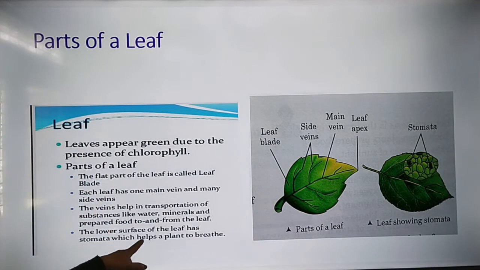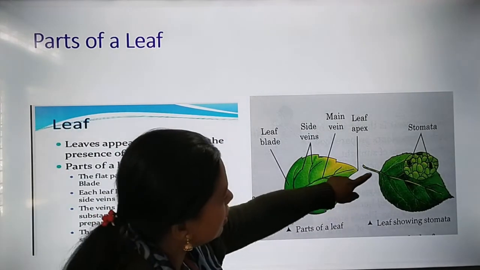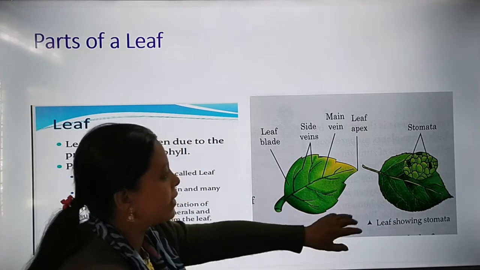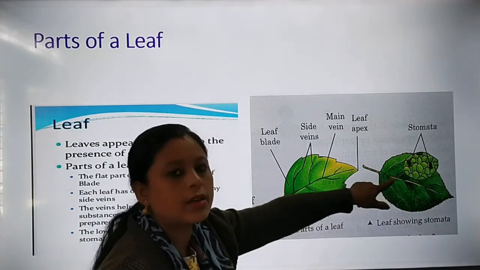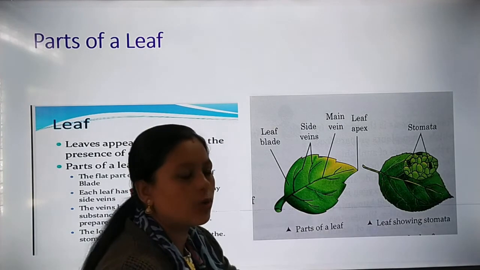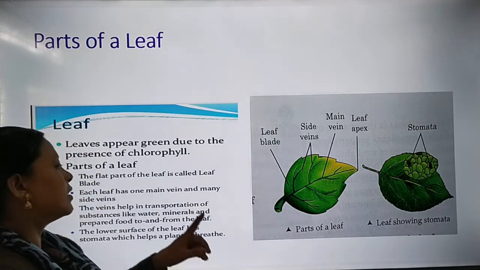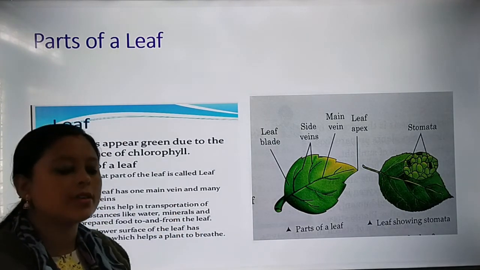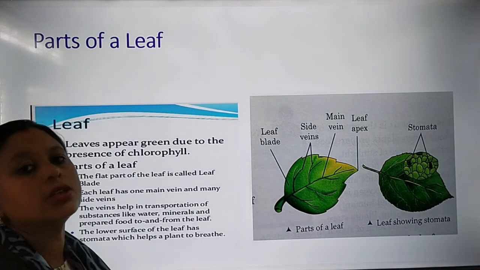The lower surface of the leaf has stomata which helps a plant to breathe. Now this is the lower part of the leaf and this is a stomata. We can see stomata on the lower surface of the leaf. What is the function of stomata? Stomata helps a plant to breathe.